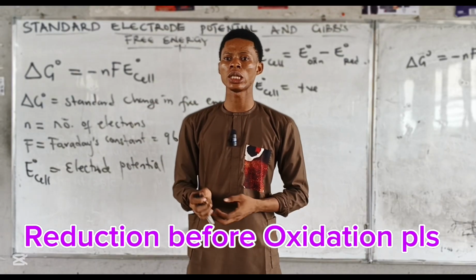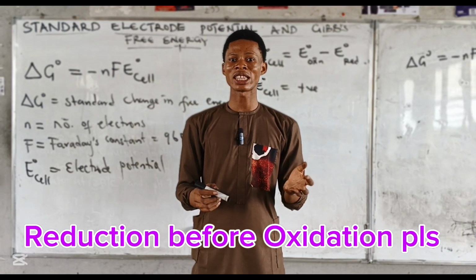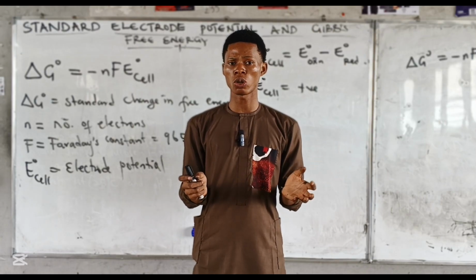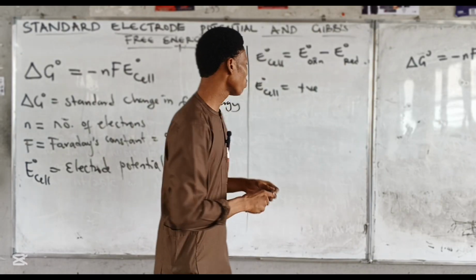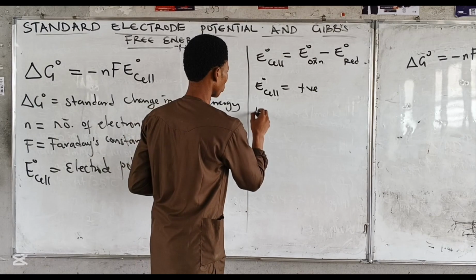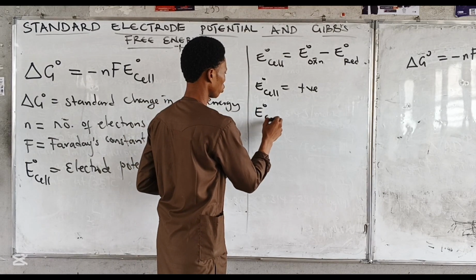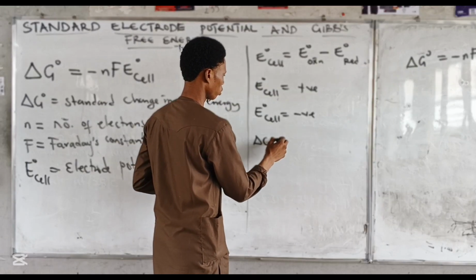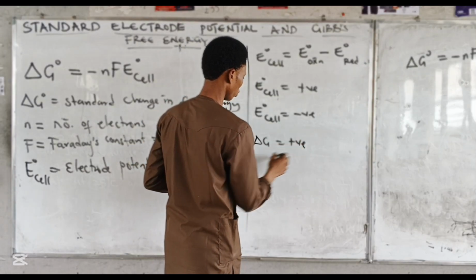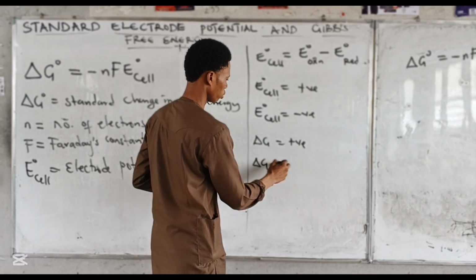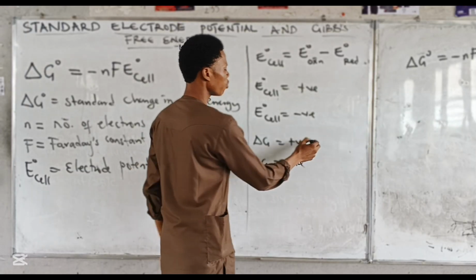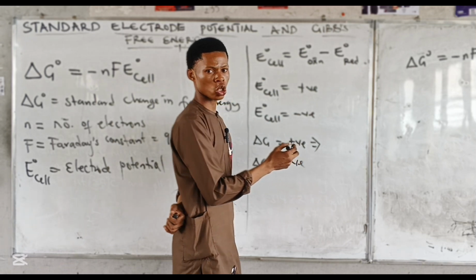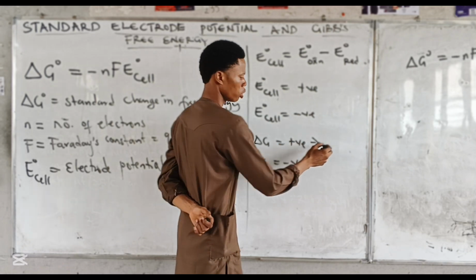In our previous lesson, we've seen that we can use delta G to state if a reaction is spontaneous or not, right? We've said before that if delta G is positive, is the reaction spontaneous or non-spontaneous?